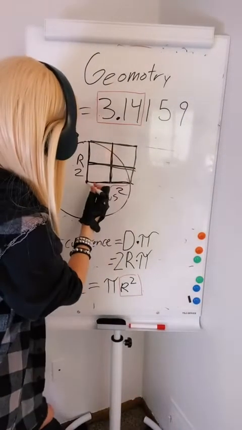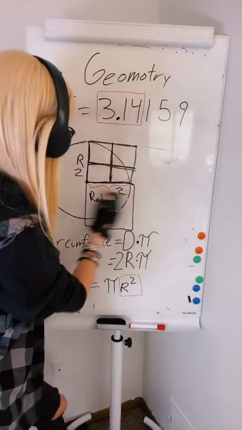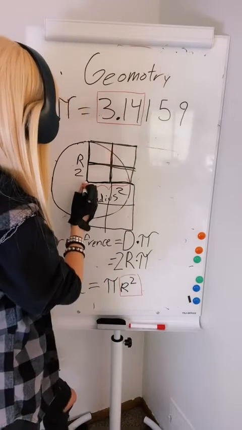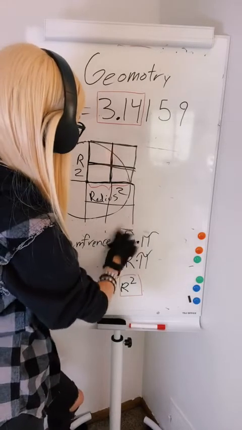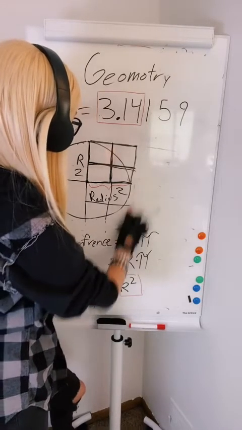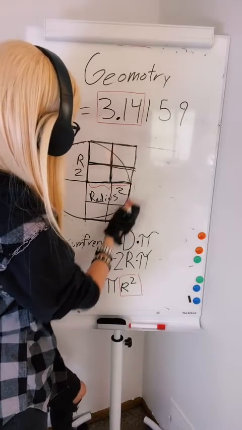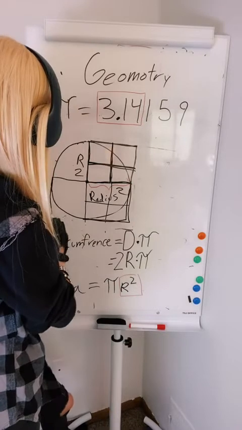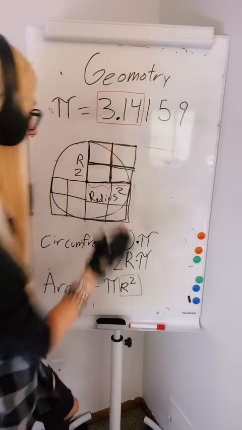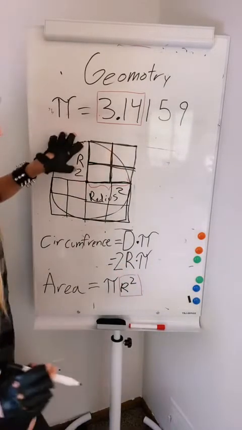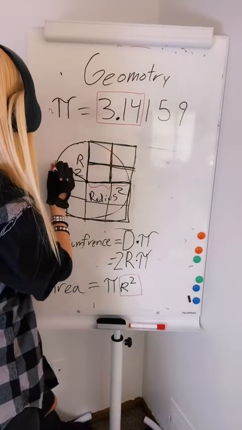So I'm basically saying I've got 3 more of these. Sorry, I went over. I shouldn't have done that. That was not an accurate representation. Sorry for my messy drawing. We've done 3 of these, and so I've got 3 of them, but then I've got this extra space. So we're doing that 0.14159 of it more.